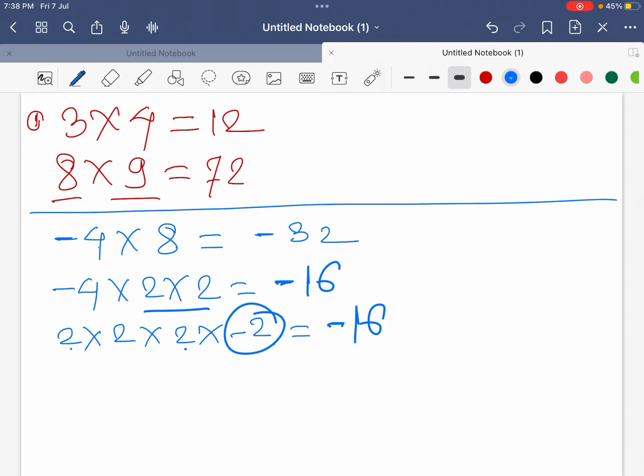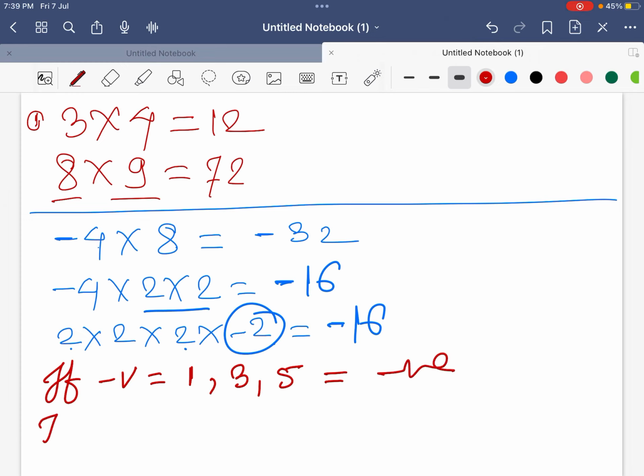So likewise we have to solve this type of answers, and we have to keep in mind, if the number of negative signs is 1, 3, 5, okay, an odd number of negative signs, then your answer is always negative.